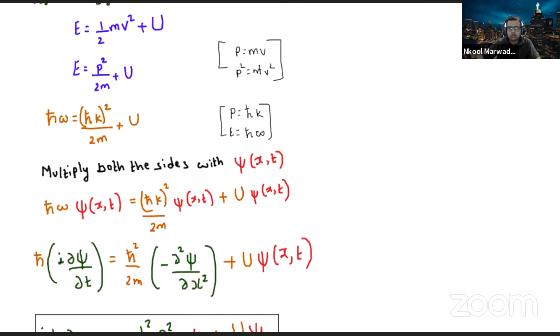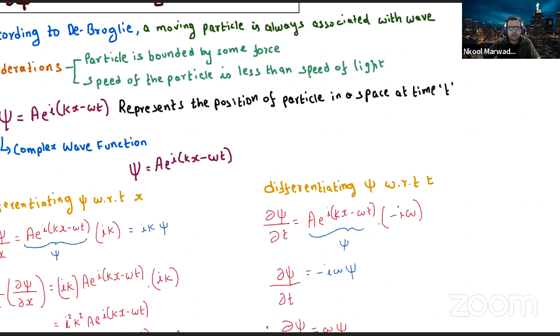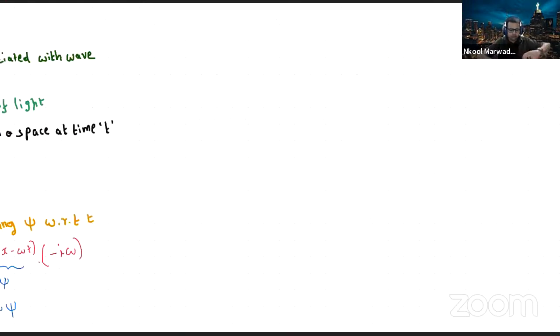Schrodinger wave equation is the main focus for today's class. So let us do it. For this time independent Schrodinger wave equation, there are two ways to derive it.